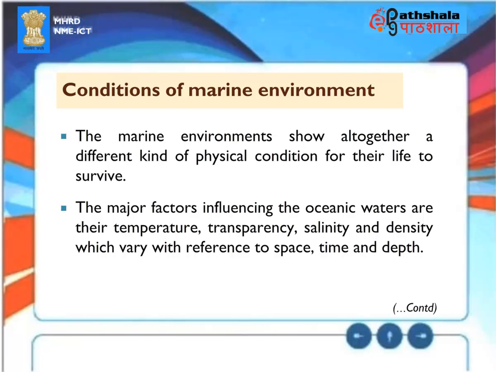Conditions of marine environment. The marine environments show altogether a different kind of physical condition for life to survive. The major factors influencing the oceanic waters are their temperature, transparency, salinity, and density, which vary with reference to space, time, and depth.